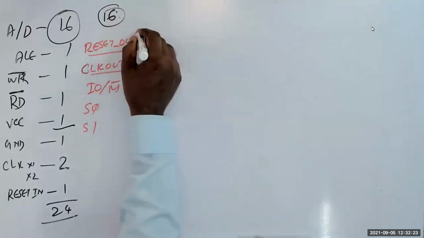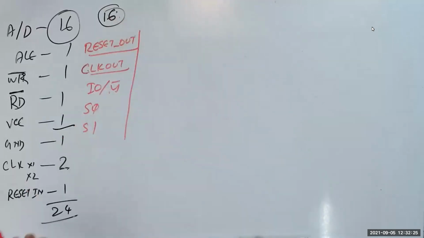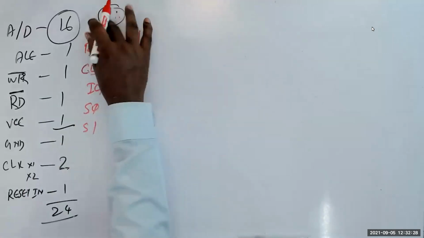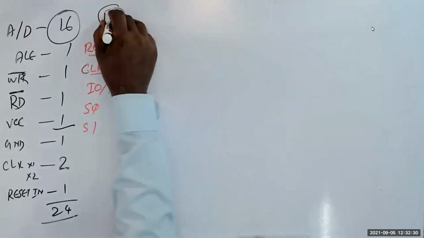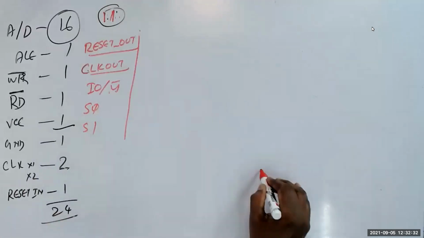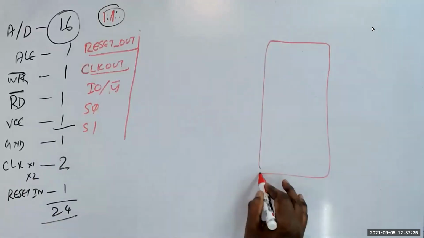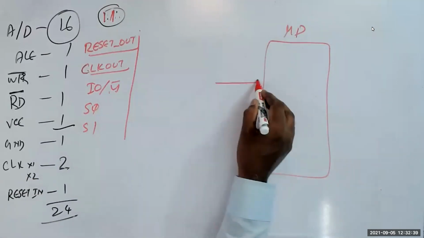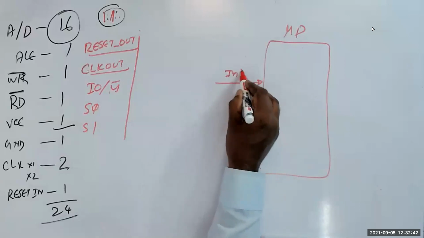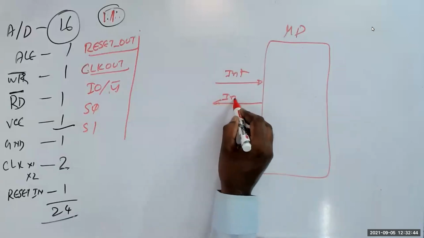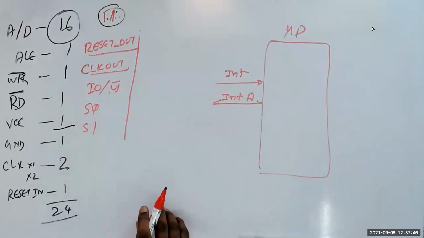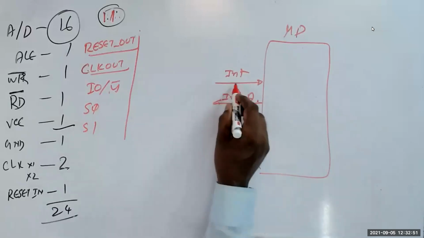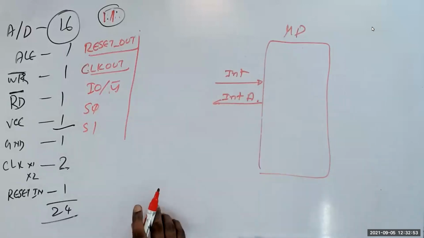So out of 16, we decided that 5 pins are over. Remaining is only 11 pins. Now, I've told you that all the microprocessors in the world have one pin called interrupt and another pin called interrupt acknowledge. That means the microprocessor should stop its activity and give me priority, because I want to have some important activity.